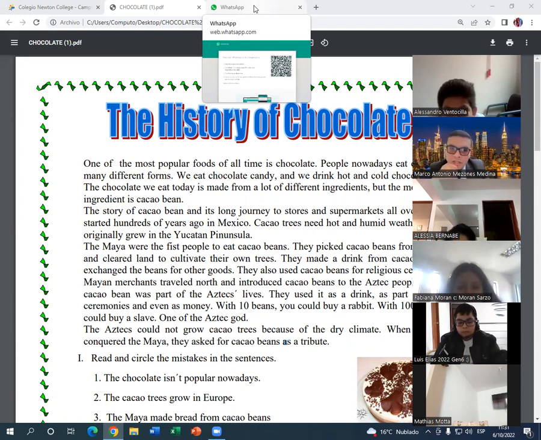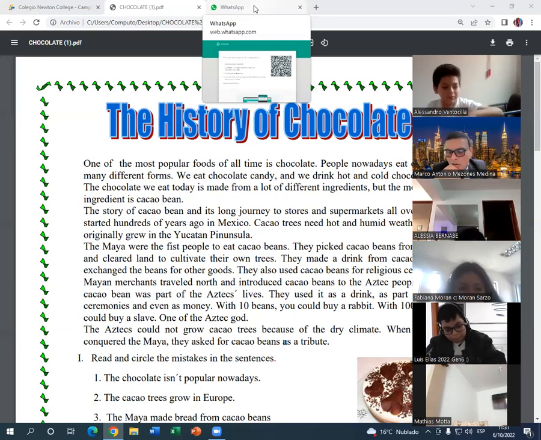The history of chocolate. One of the most popular foods of all time is chocolate. People nowadays eat chocolate in many different forms. We eat chocolate candy, and we drink hot and cold chocolate drinks. The chocolate we eat today is made from a lot of different ingredients, but the most important ingredient is cacao bean.